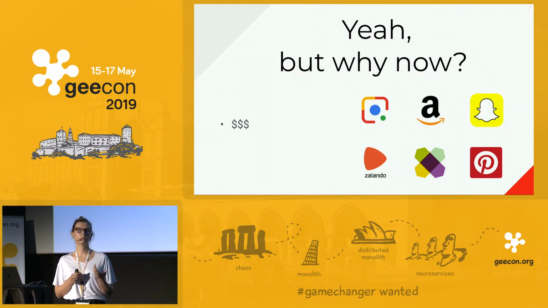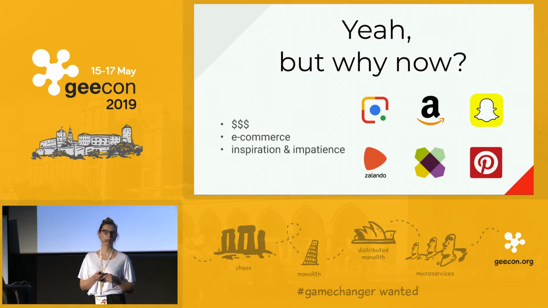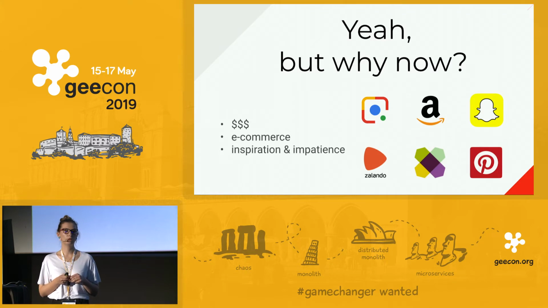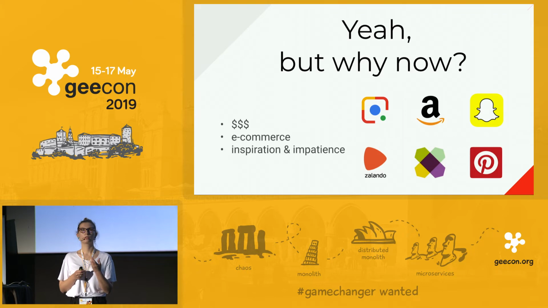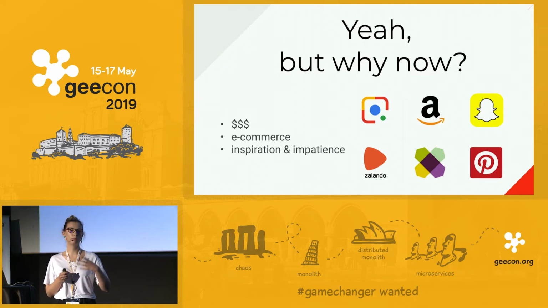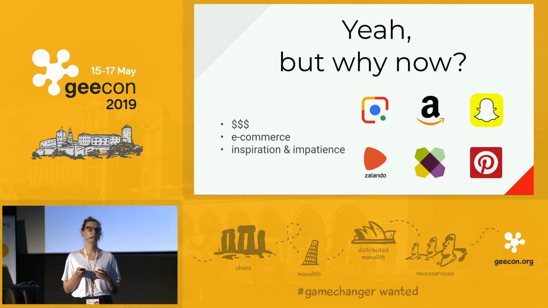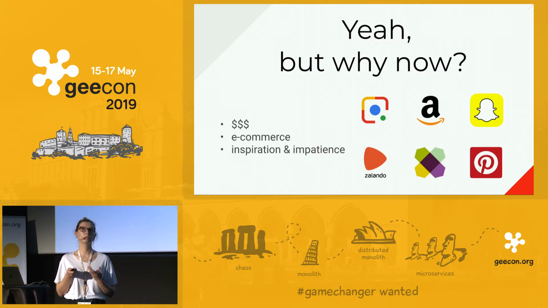I don't go there for shopping, but actually they sell stuff, they do e-commerce, and they try to solve a problem of society right now, which is impatience, and they try to give us inspiration to make us buy in the moment. And if it's slow, it won't work. So they are not only trying to give you relevant content, but also make it fast.